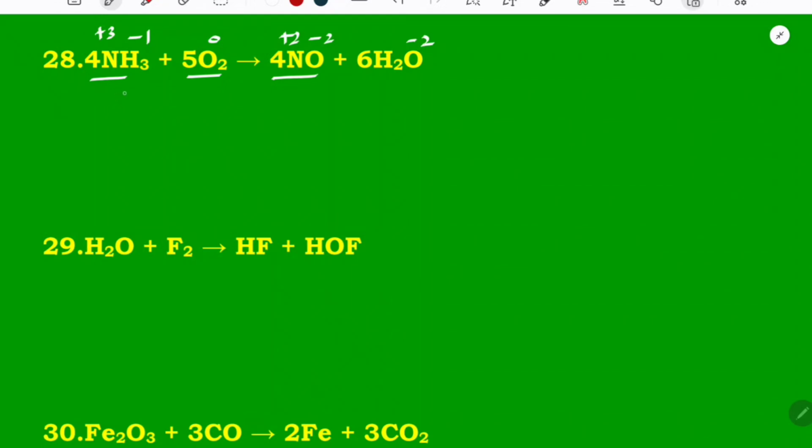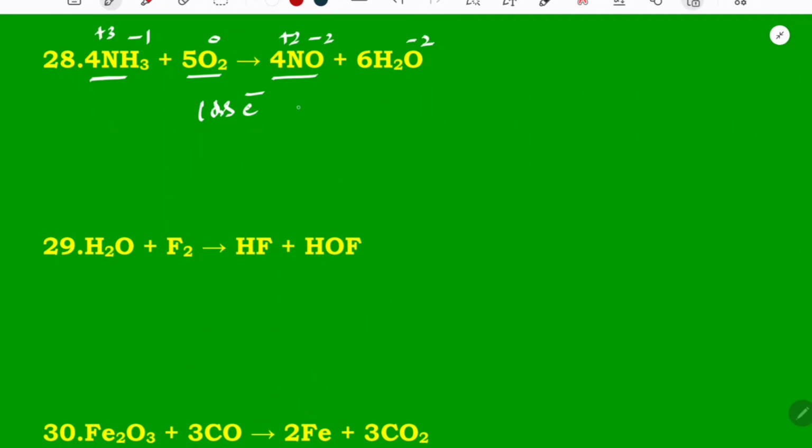At the same time, oxygen, here -2. +3 to +2 means loss of electrons takes place.